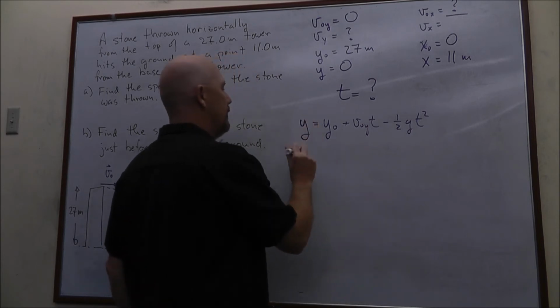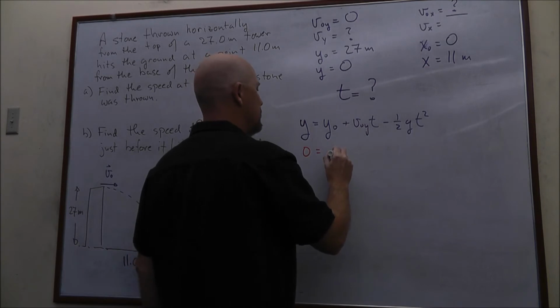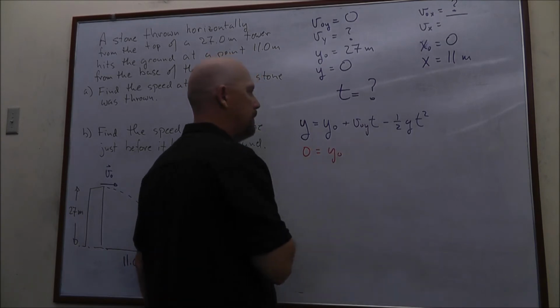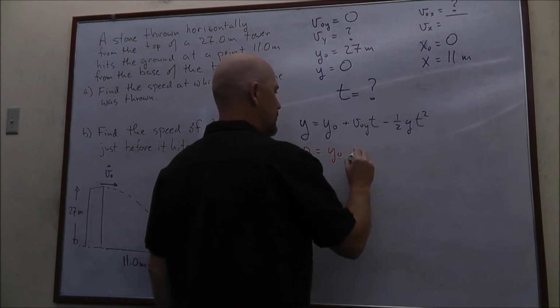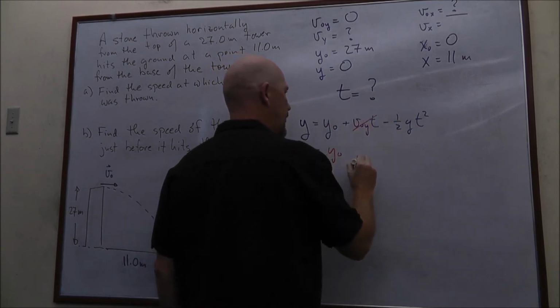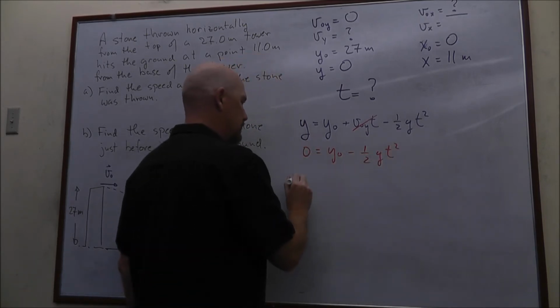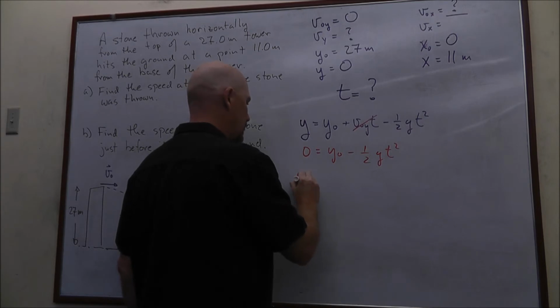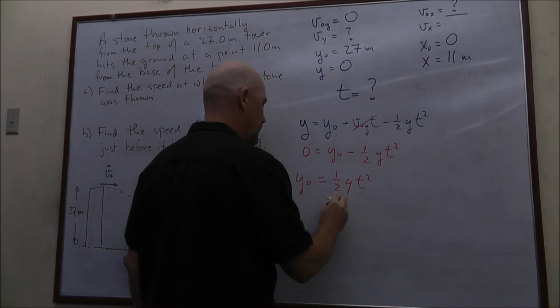This guy here is 0. This guy here is our 27 meters. I'll just keep him like that for now. Our initial y velocity was 0, so I can ignore that. Minus 1/2 g t squared. Just rearrange this: y0 equals 1/2 g t squared.